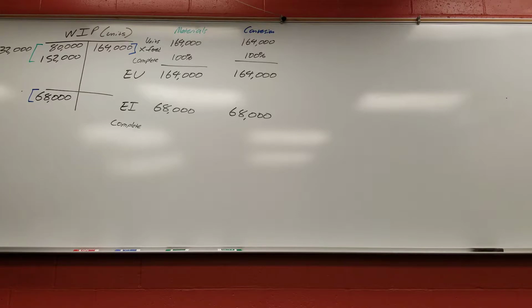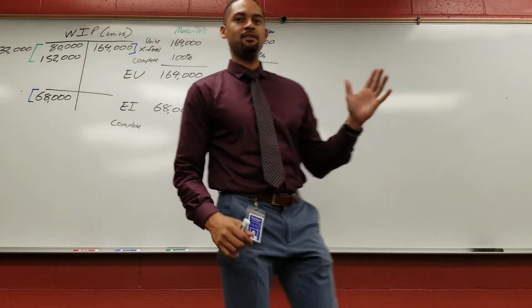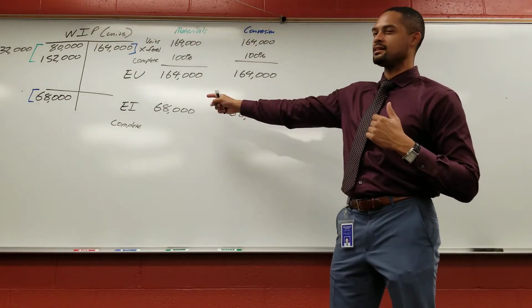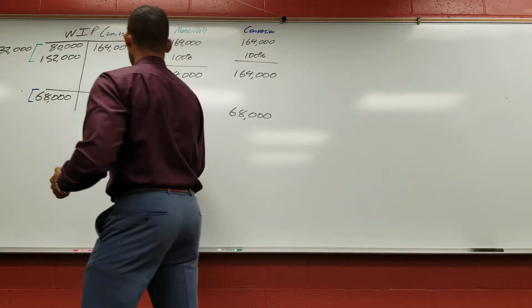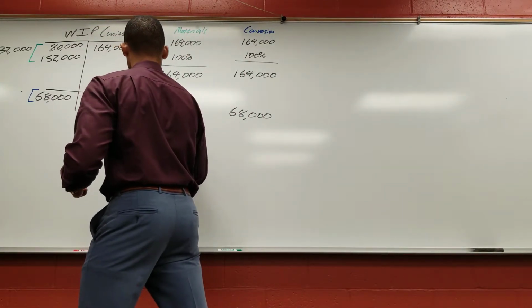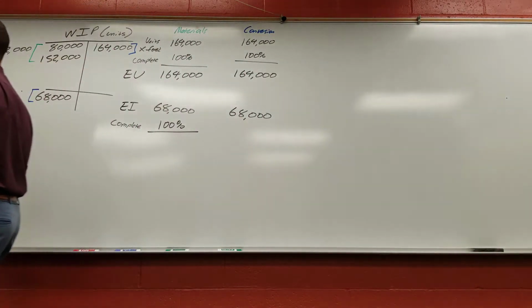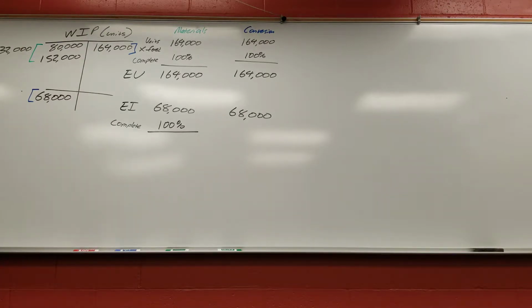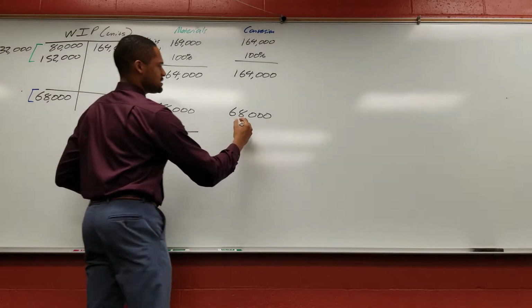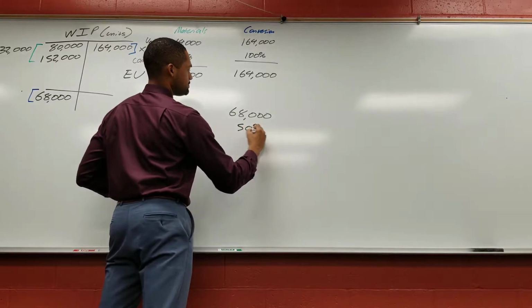That being said, if they start anything, that means all the materials are present, which means they're 100% complete. But for conversion, they tell us in the box that the ending work in process is 50% complete. This is not to be confused with the beginning work in process that's 30% complete. That's beginning, we don't care about that one. We want the ending work in process, and the book states it's 50% complete.